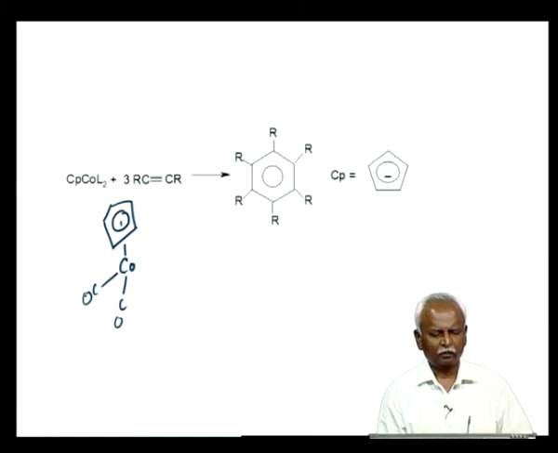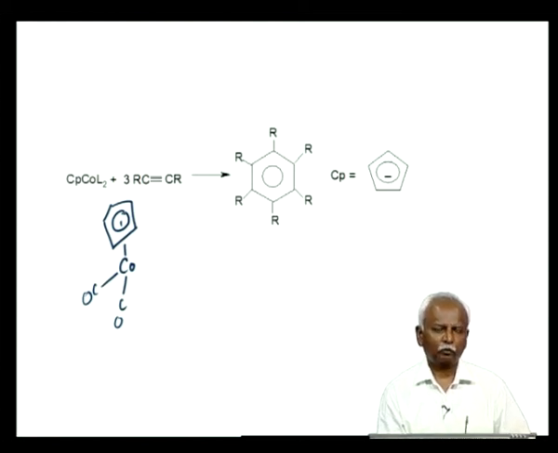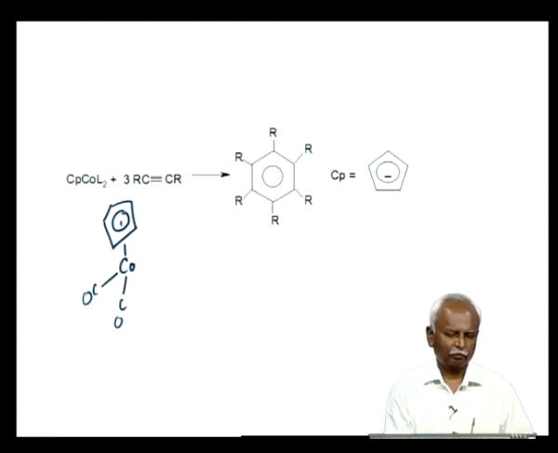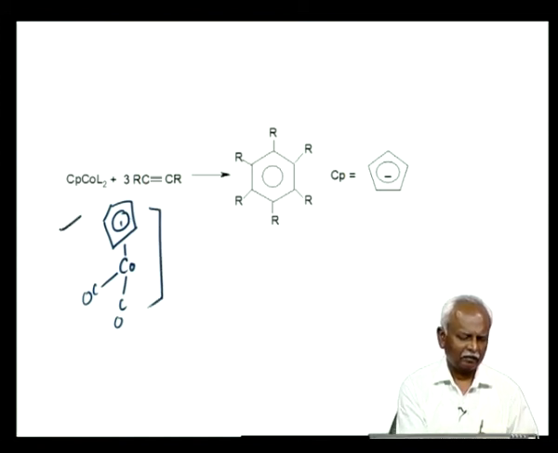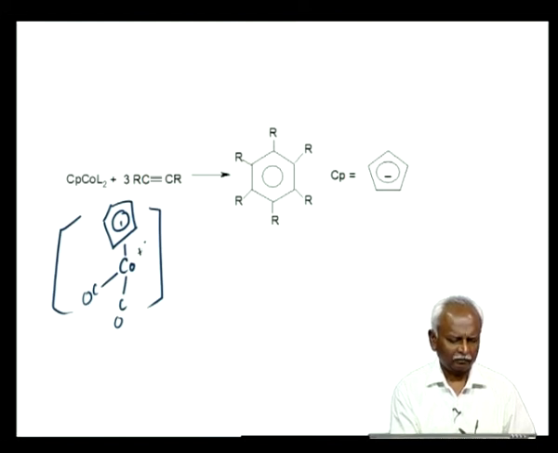If you remember, cobalt is in the +1 oxidation state in this molecule, because Cp is Cp minus, and this molecule is a neutral species. So, because this is neutral, cobalt should be +1 if Cp is -1.